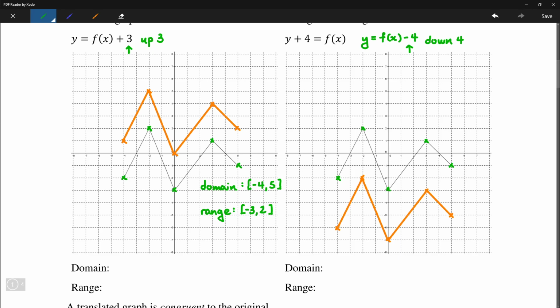What we'll notice is that the domain of the transformed graphs is the same. The domain is still from -4 to +5. What changes is the range, which makes sense because the only thing that we did was move the graph up or down. So the new range on the graph on the left is 0 to 5, and on the right, we have -7 to -2.